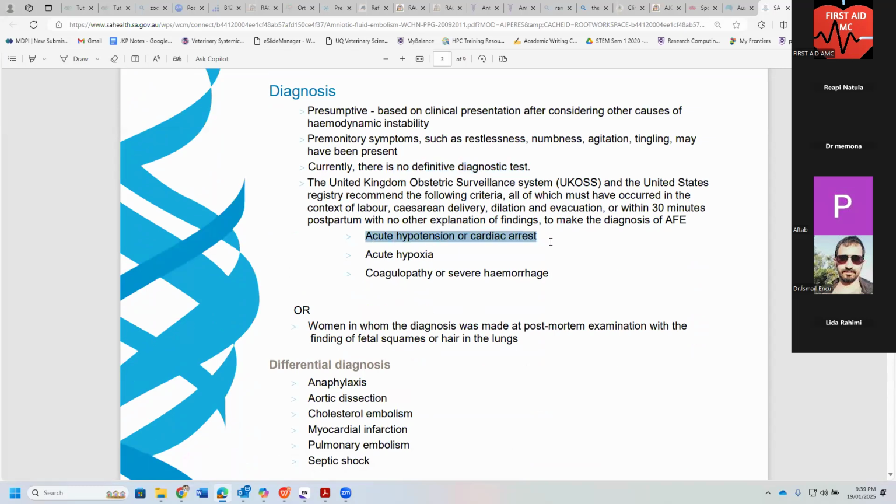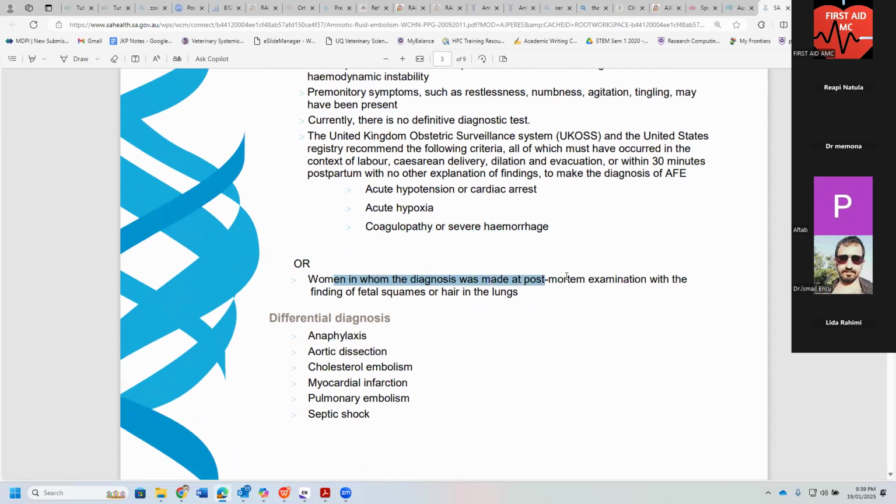Acute hypotension or cardiac arrest, acute hypoxia, and coagulopathy with severe hemorrhage at the birth of the baby is the diagnosis for acute amniotic fluid emboli. Or the diagnosis is made postpartum because fetal squamous cells or hair were found in the lungs.